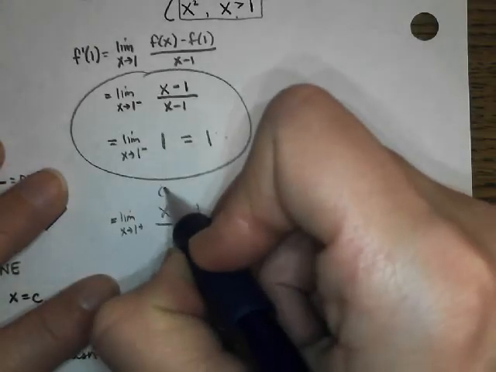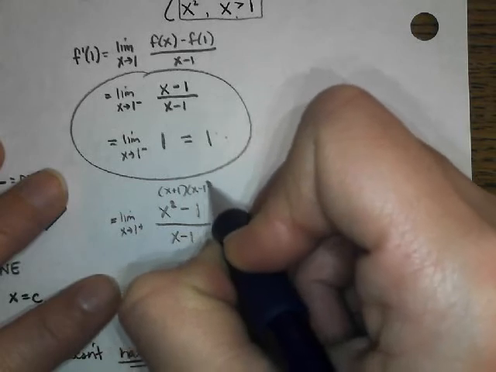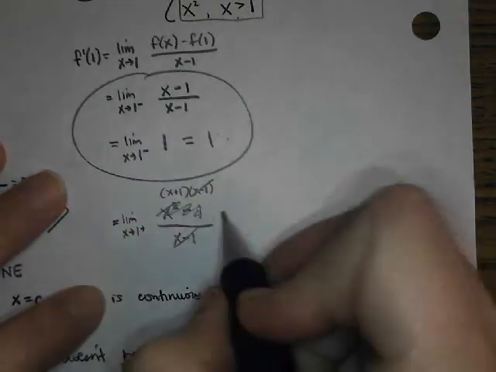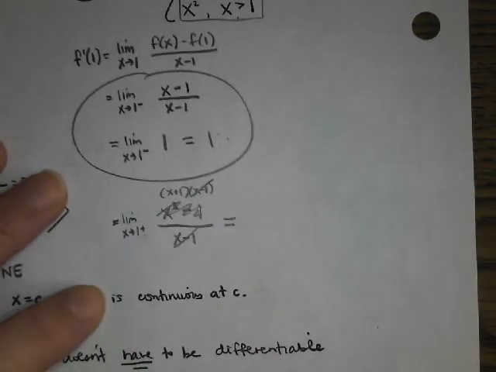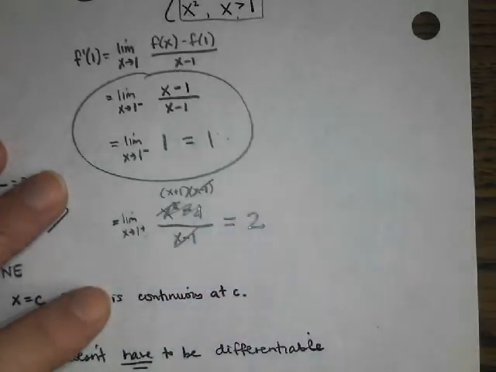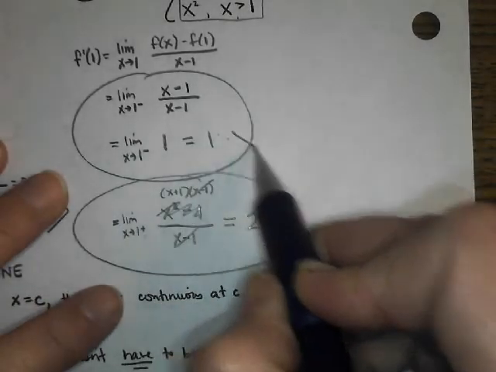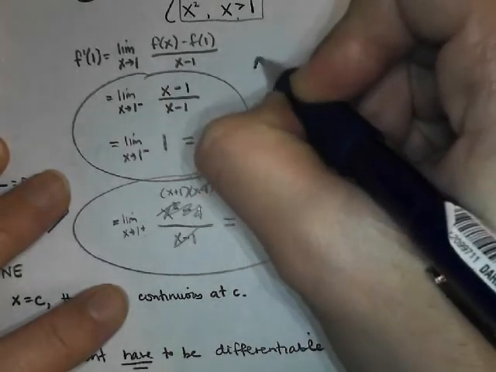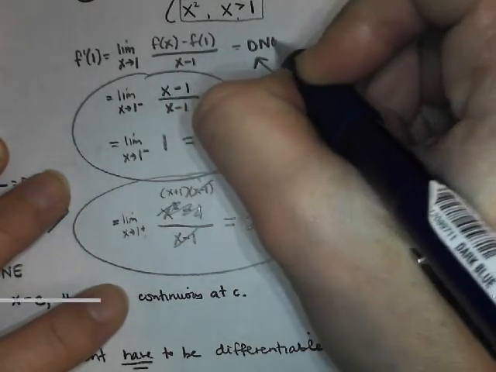The x minus 1 and x minus 1 cancel. And so what's this limit now that I can evaluate and plug in a 1? 2. Good. So do they match? They do not match. So this overall limit does not exist. Which means, for some reason, this function is not differentiable at 1.